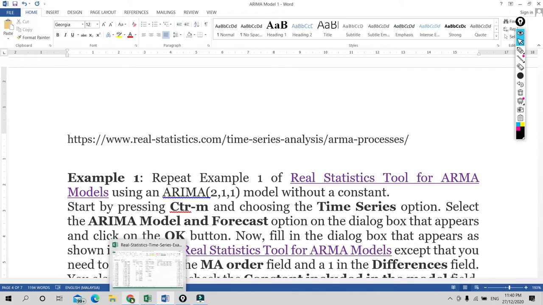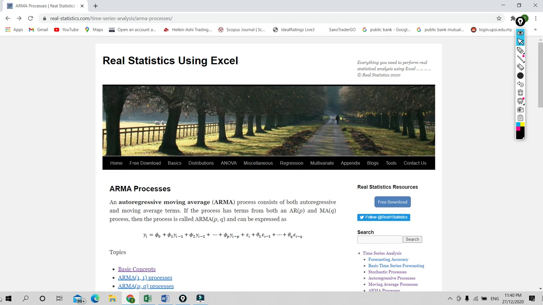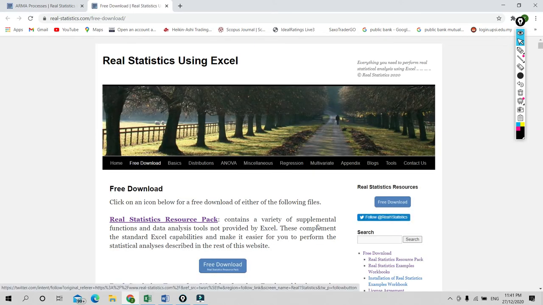It's for Excel. You can download this software. The software here is known as the Real Statistics Resource Pack. It's a free download. You download it here, under free resources.